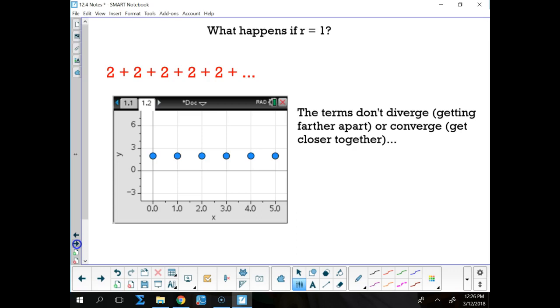Why not? Because what happens if I add that next term? I'm going to add 2. Then we would find the sum, but if I go to the next term, add 2 more, and so on and so forth. So in this case, there is no sum either.